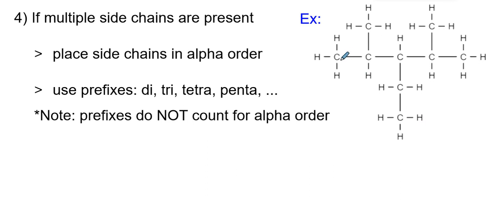If I number this as number 1, this would be 1, 2, 3, 4, 5. If I number it the other way, it wouldn't change. I'm going to have a 2 and a 4 methyl, and I'm going to have a 3 ethyl in either way.